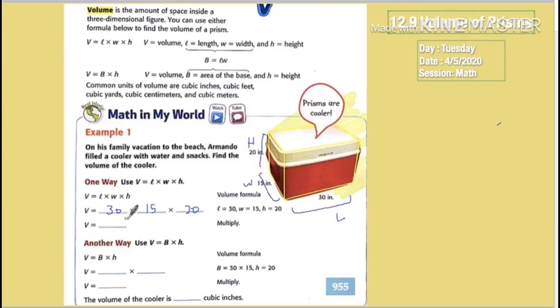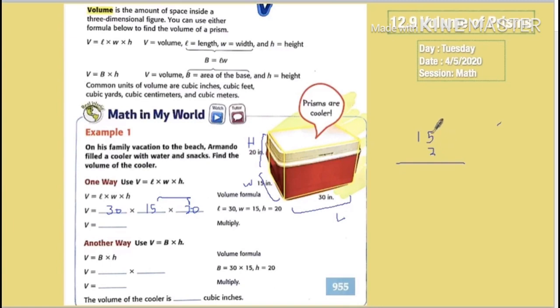Now multiplication is awesome because we can multiply any numbers in any order. So I'm going to go ahead and multiply 20 times 15. Actually, I love multiplying a number by a number that ends in 0 because we can use that trick of multiplying 15 times 2 to get that product and then adding your 0.